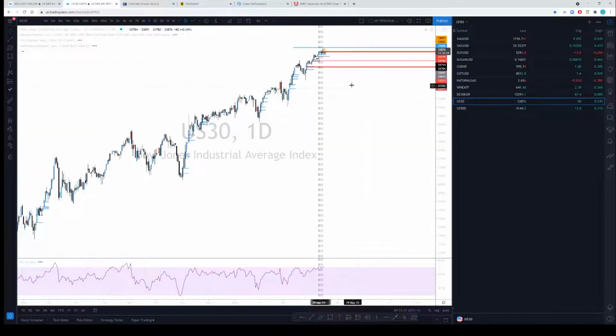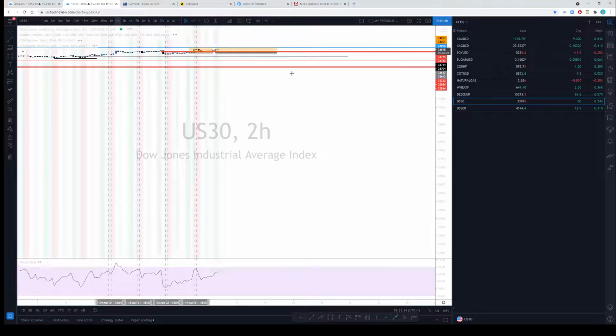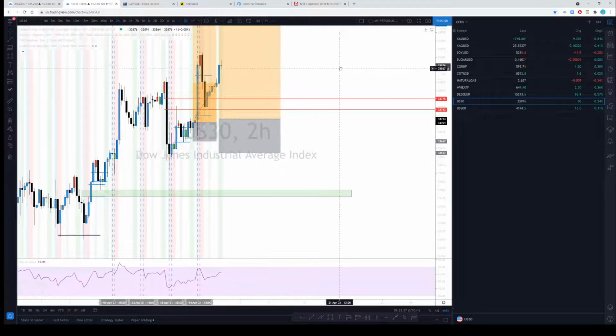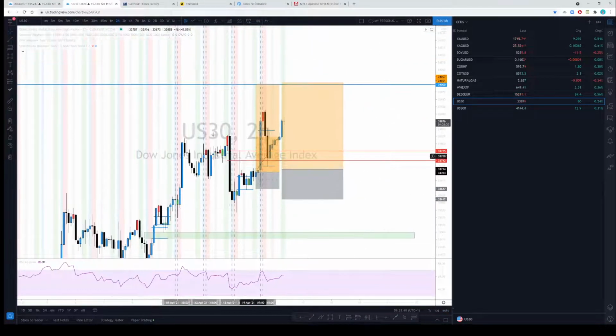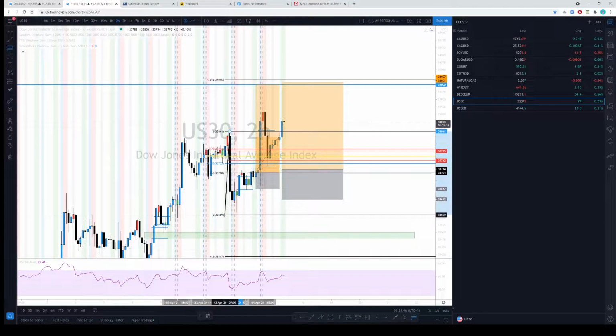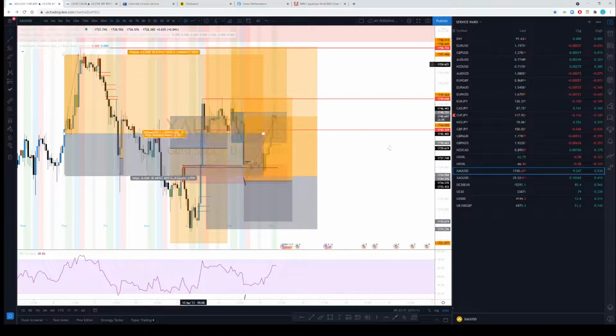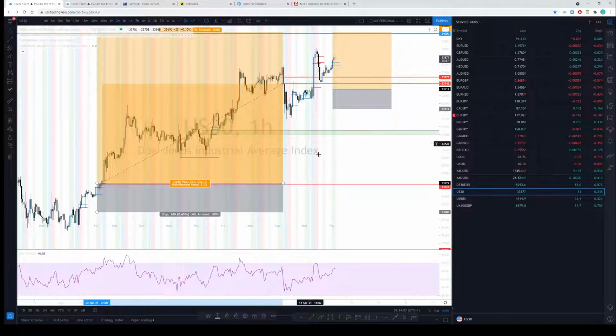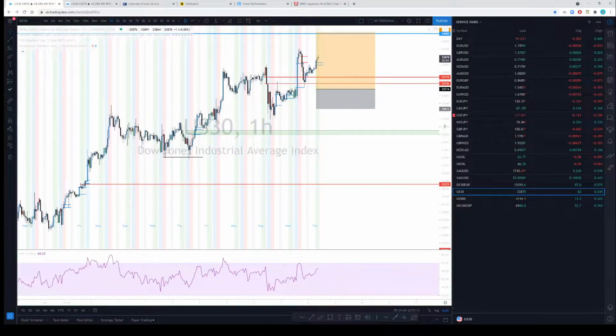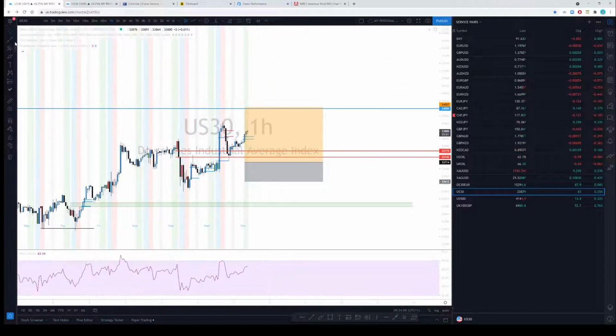US 30, yesterday, remember we talked about price coming back to the 50. Let's go back to this one. US 30, yesterday we did this measurement.